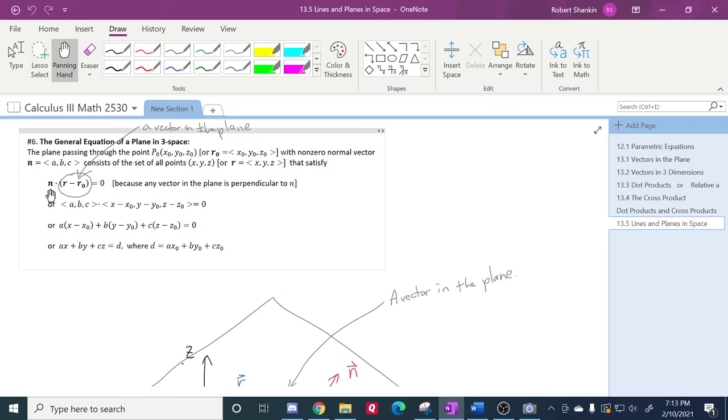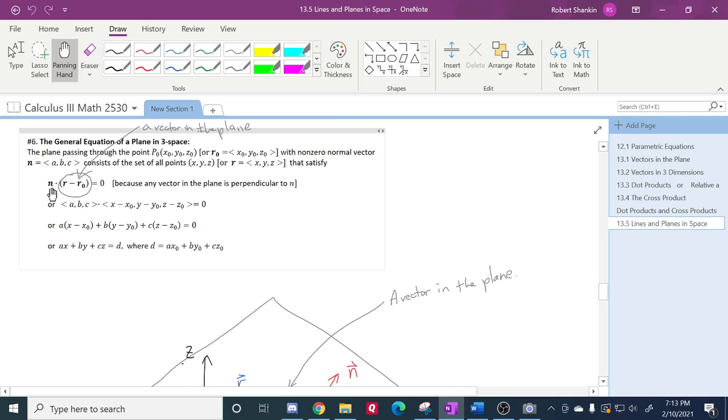And then all points in the plane, r, or x, y, z, such that when you subtract r and r0, which gives you a vector in the plane, if you dot product that with the normal vector for the plane, you have to get 0.